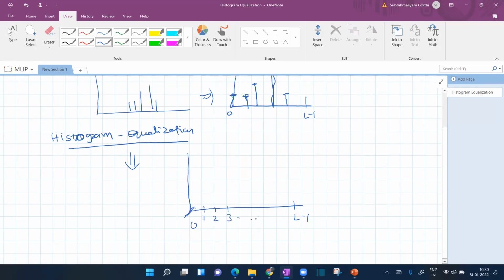By the time I reach, let's say, 20% of L minus 1, the histogram equalization would like to have 20% of pixels covered.